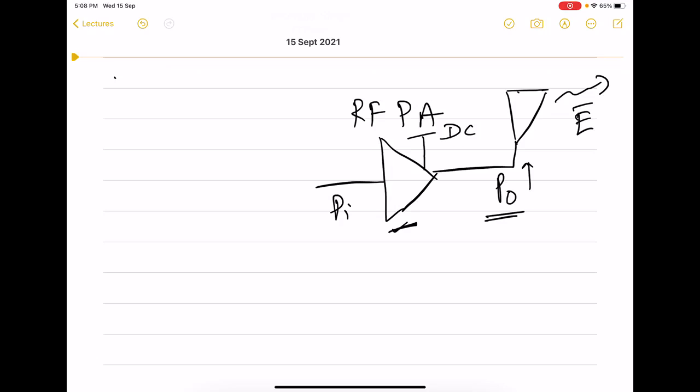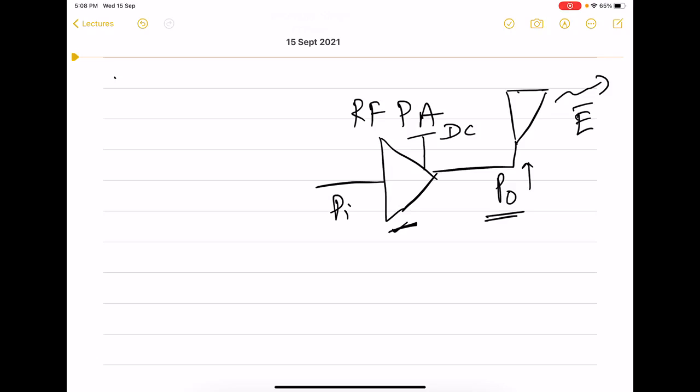And here there are various characteristic parameters about this amplifier that we usually encounter in the data sheet. So we will mention some of them and then talk about some of those parameters in more detail.